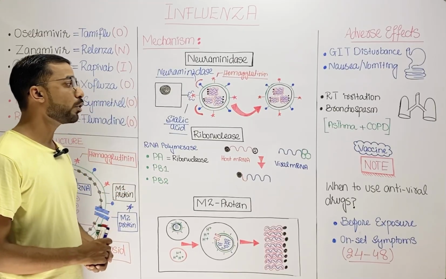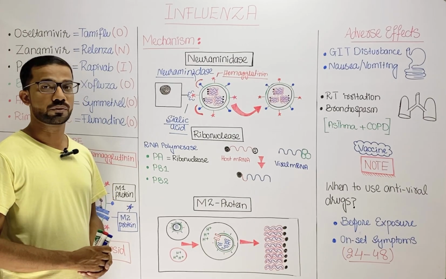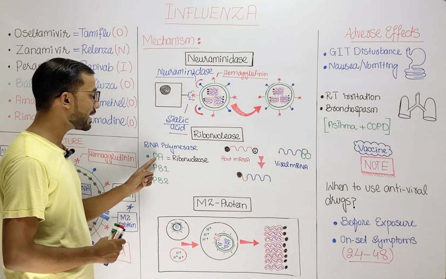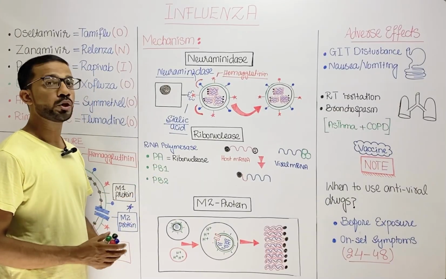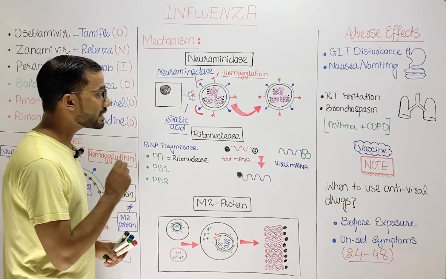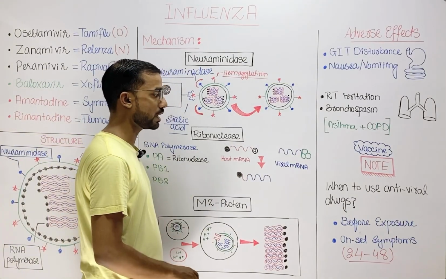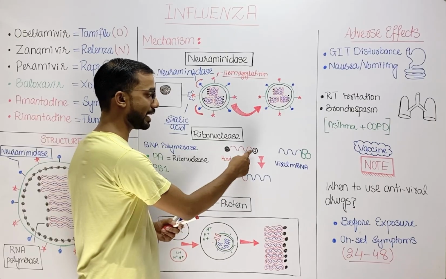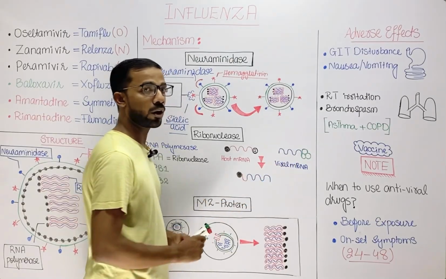Second is the endonuclease, that is the target site of Baloxavir. RNA polymerase has 3 subunits, PA, PB1, PB2. PA acts as an endonuclease. Okay, we will see. Here is the host messenger RNA, here is the viral messenger RNA. Host messenger RNA having cap and the tail, and viral messenger RNA having RNA polymerase.